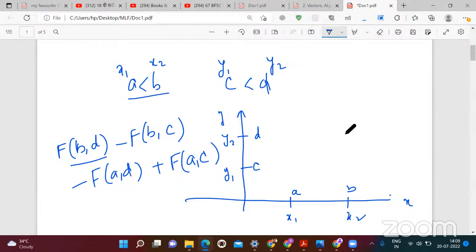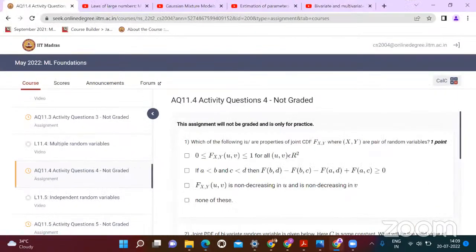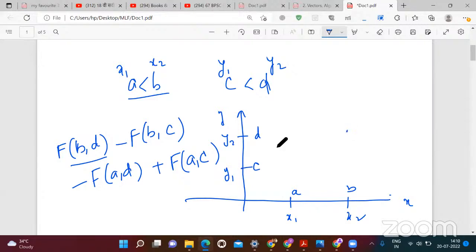It is a CDF, so if I plot this, F of B comma D is the probability that X is less than B and Y is less than D, right? So this is the area.